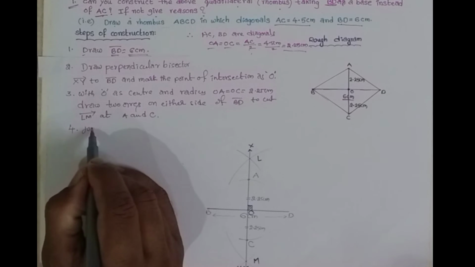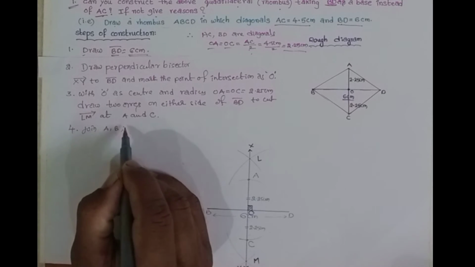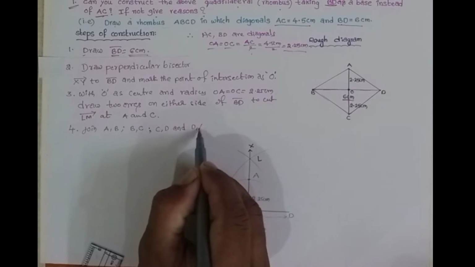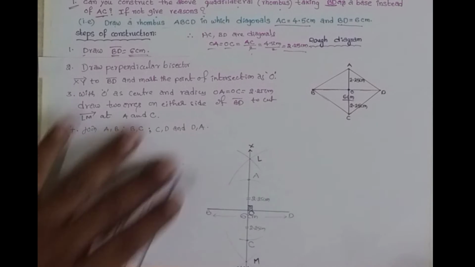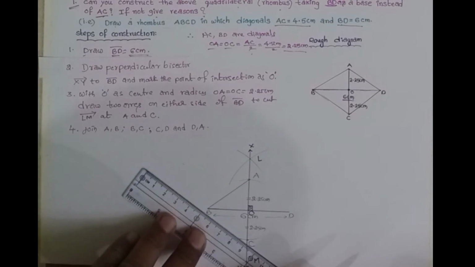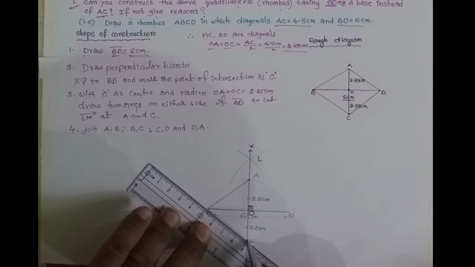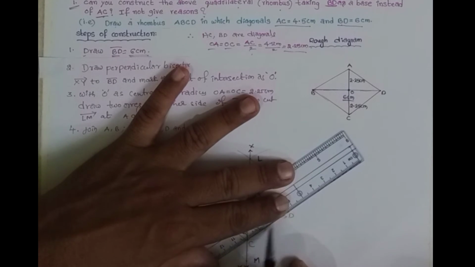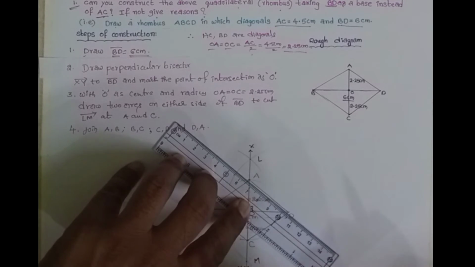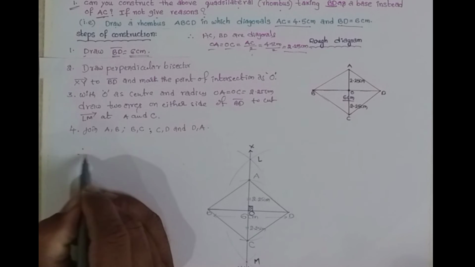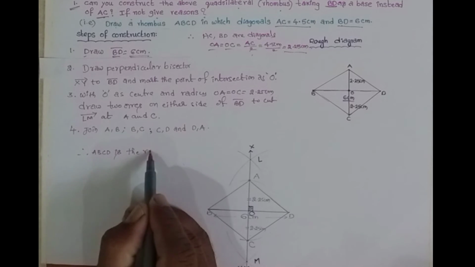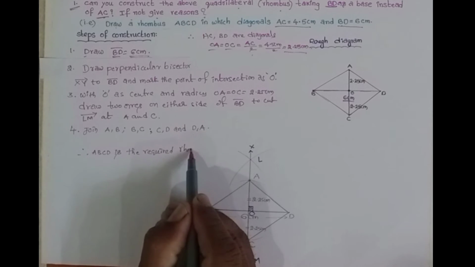Next step of construction: join A, B; B, C; C, D; and D, A. Therefore, ABCD is the required rhombus.